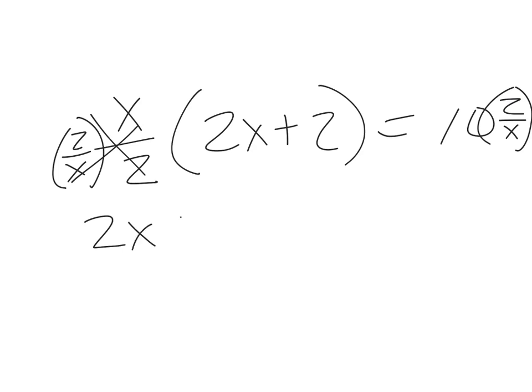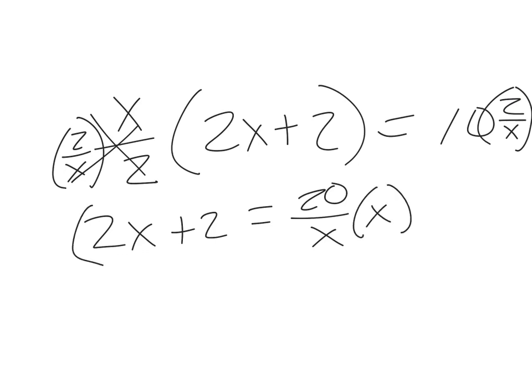So I get 2x plus 2 equals 10 times 2, which is 20 over x. Right? So now we multiply this times x, and we multiply everything over here times x in order to move it from here.